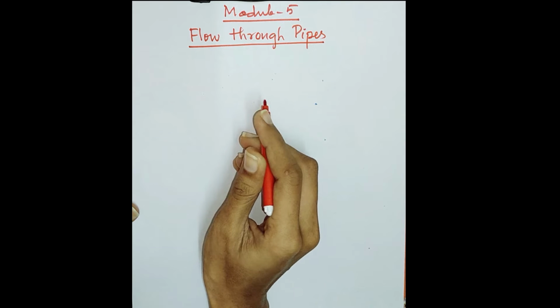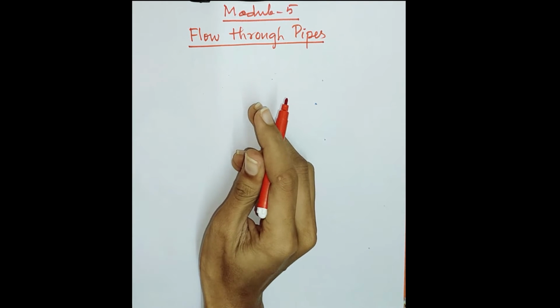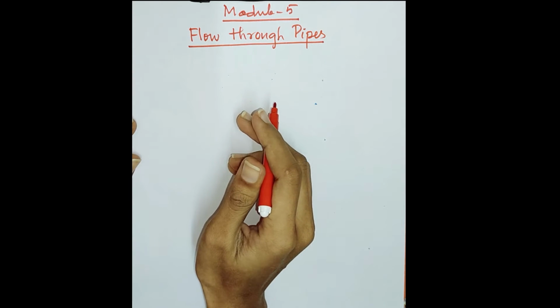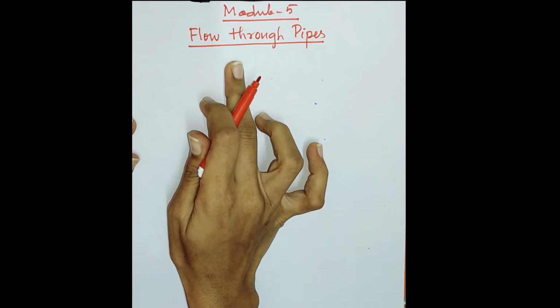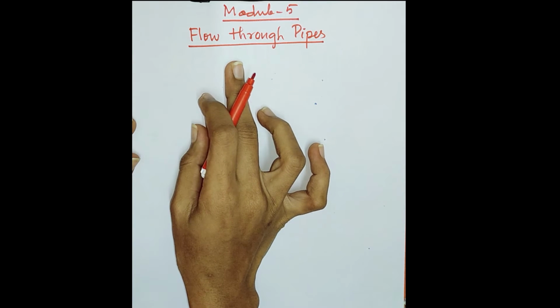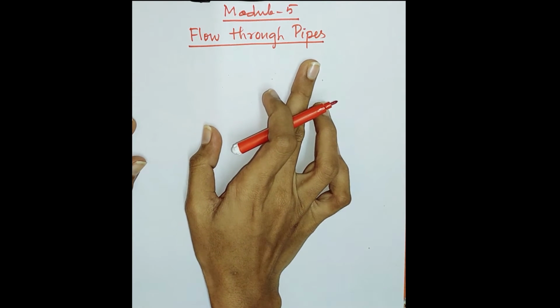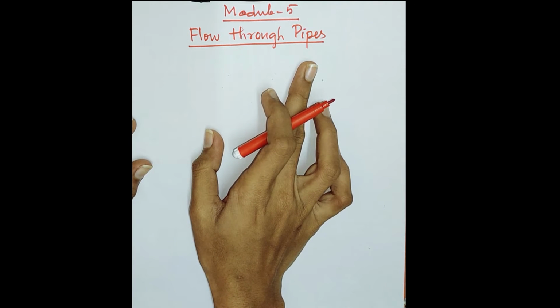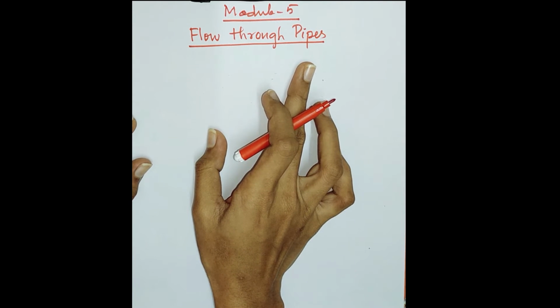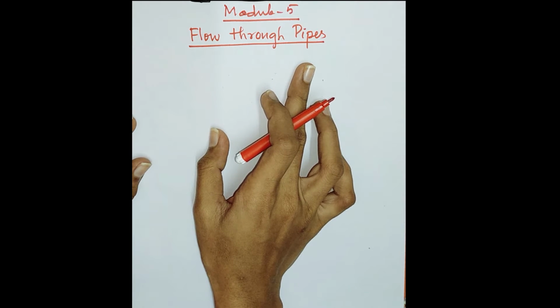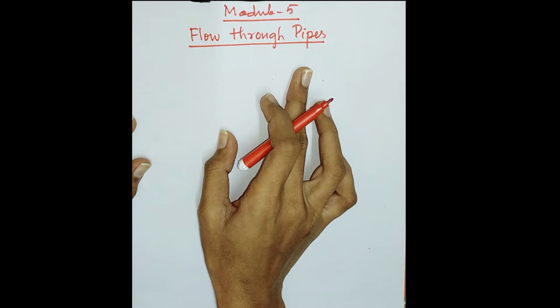So here you are going to study the introduction part of the flow through orifice, and after that you are going to study the different losses which occur in the pipe, that is major and minor losses. And after that you are going to study the very important derivation, that is Darcy-Weisbach equation for head loss due to friction in pipes.